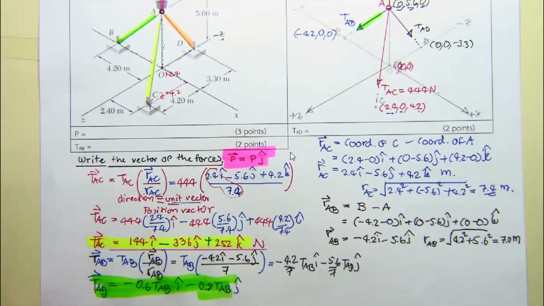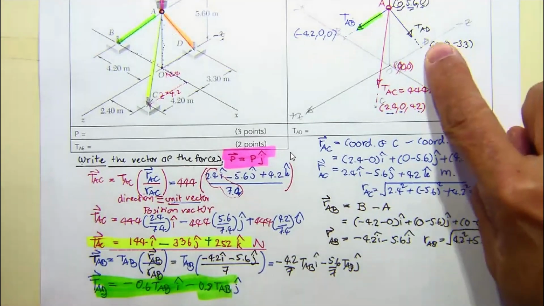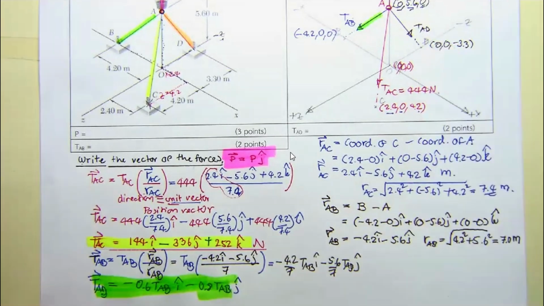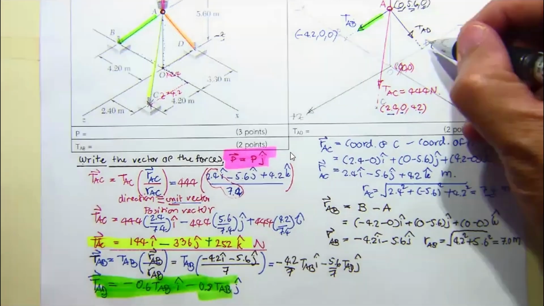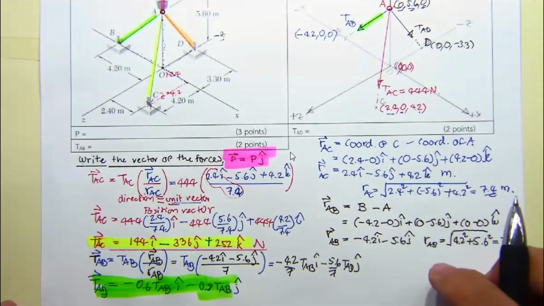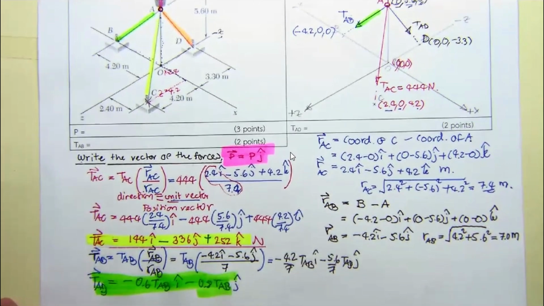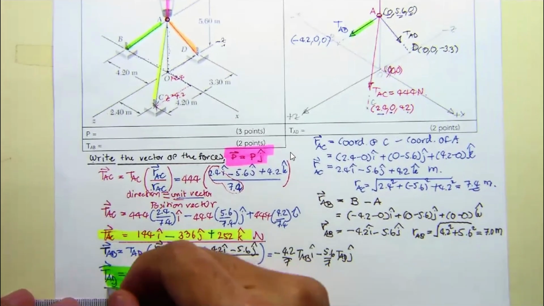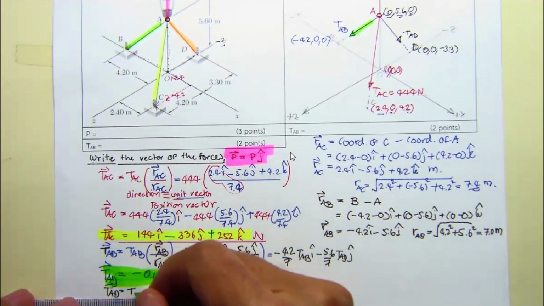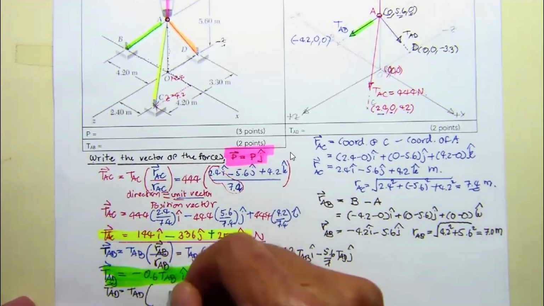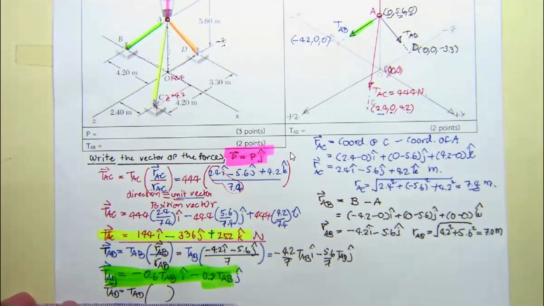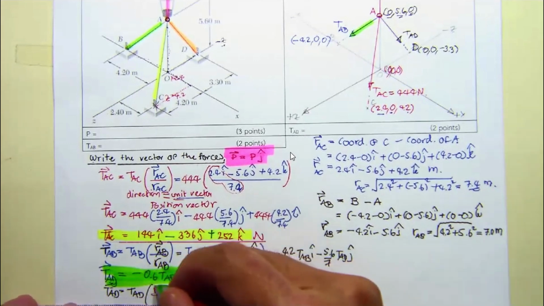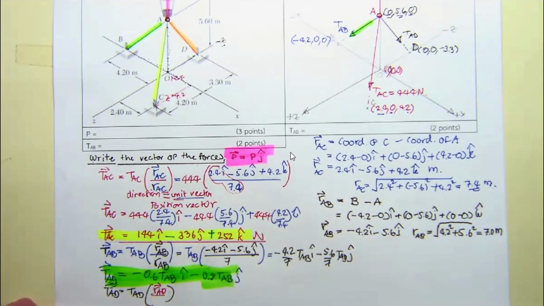For the orange, we have T sub AB. No, this is AB. Sorry, this is AD. Coming to the last one, T sub AD. The T sub AD vector is equal to the magnitude times the position vector r sub AD divided by the magnitude.